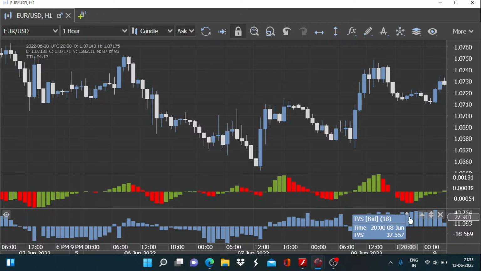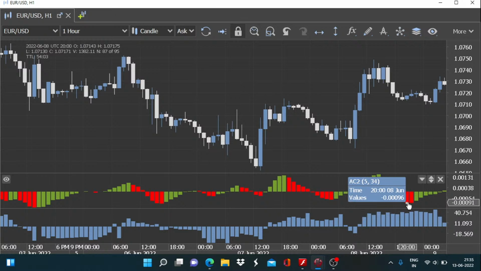Now here we have the TSV output on the positive side, and then here the correction happens, and as soon as the AC output changes course, it stops declining and starts to rise. That will be the time we want to get involved for the new trade. So this kind of formation is going to be optimum enough for the buy entry.